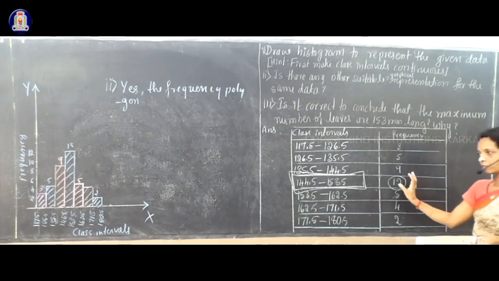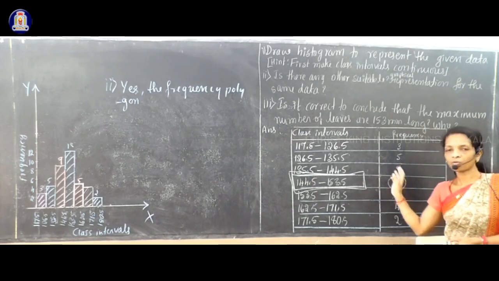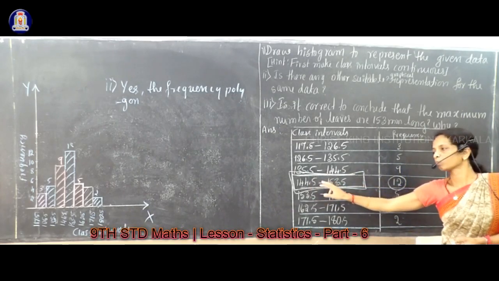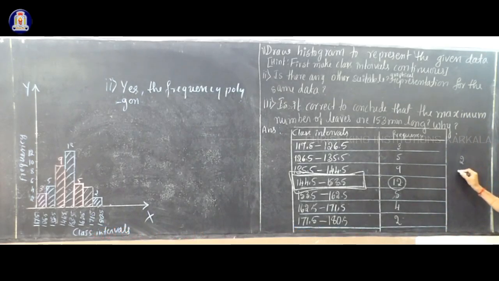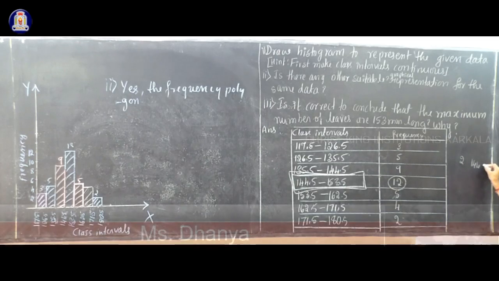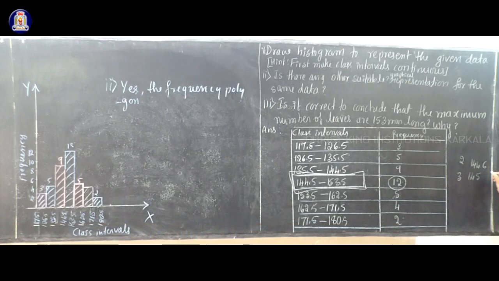Why? Because I said already, 12 indicates that these 12 leaves may have any length in between 144.5 to 153.5. Out of 12, 2 leaves may be of length 144.6, and 3 leaves may have length 145, and 6 leaves may have length 148, and how much? 9, 10, 11. Only one leaf may have 153 millimeter length. So it is wrong to say like this.